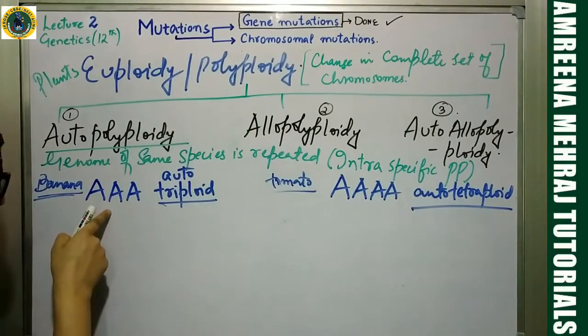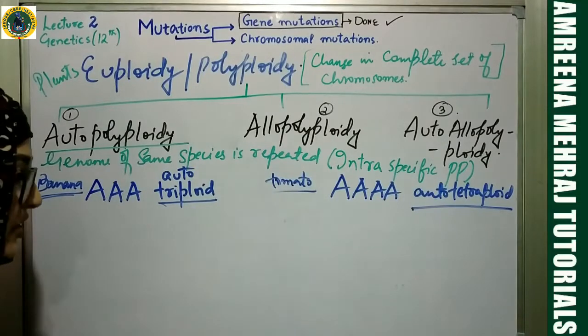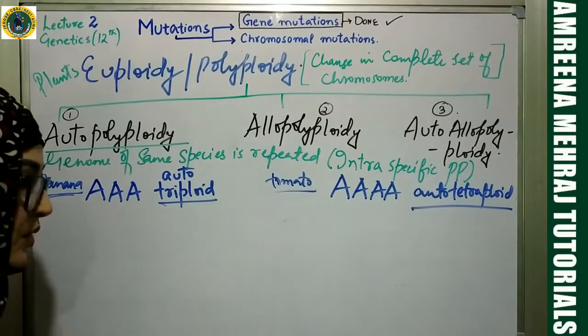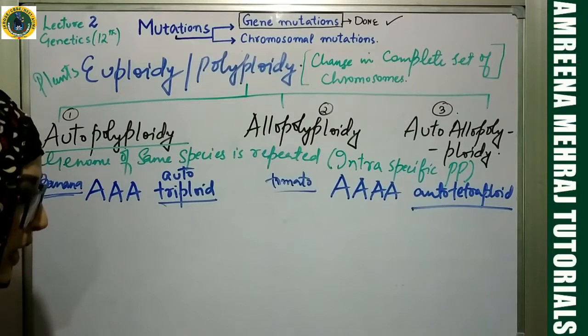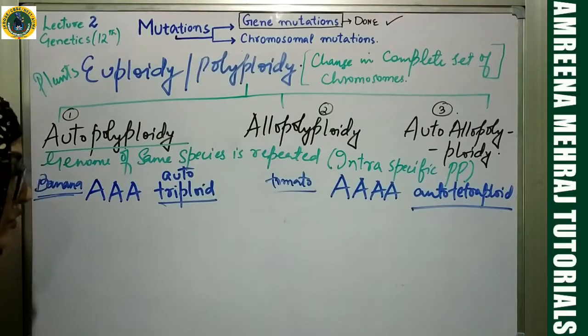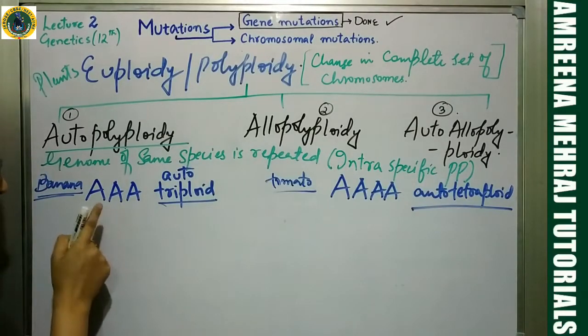If this plant wants to perform sexual reproduction, it has to make gametes. And in order to make gametes, it has to perform meiosis. So, can this perform meiosis? Think.